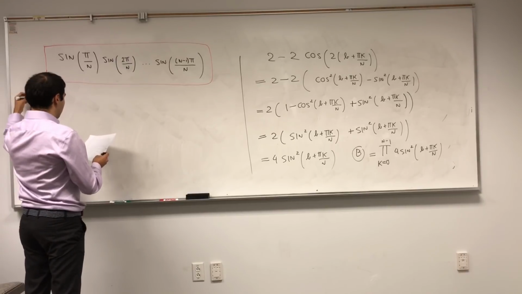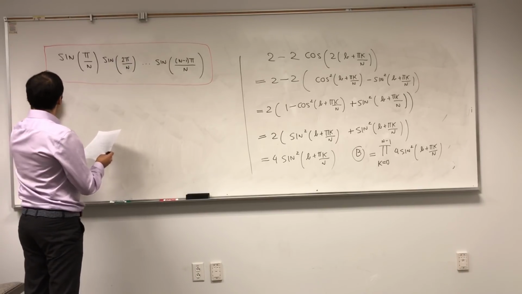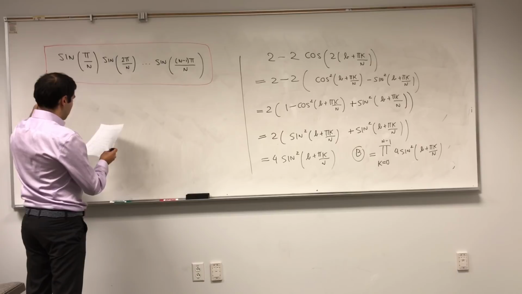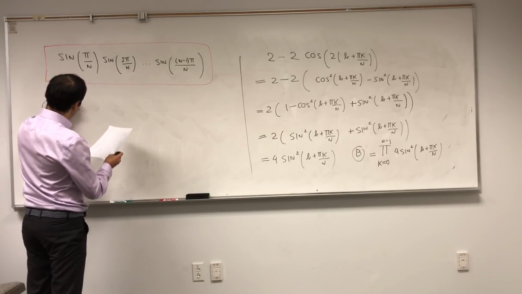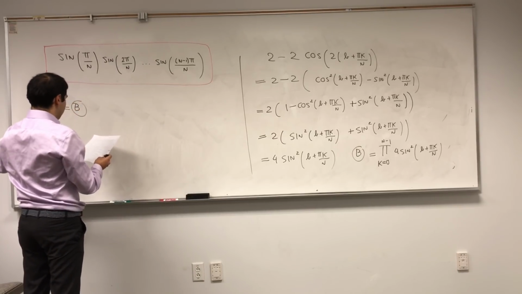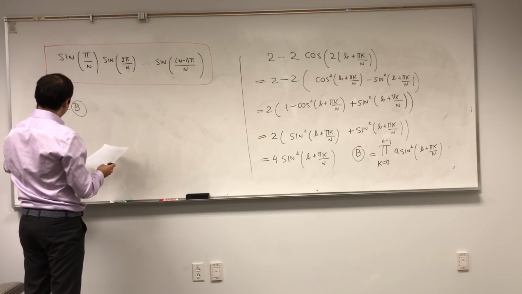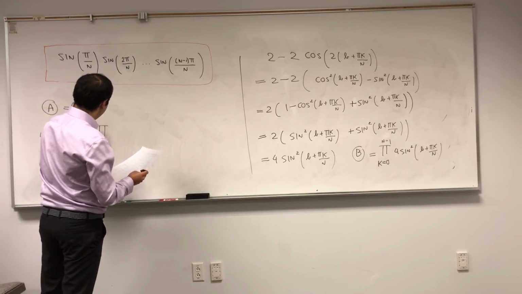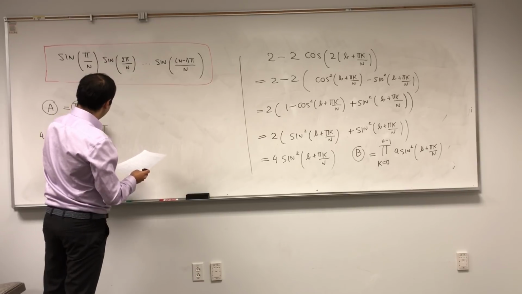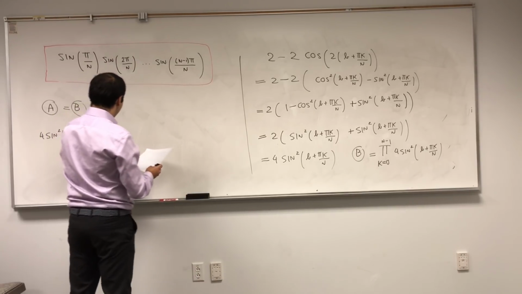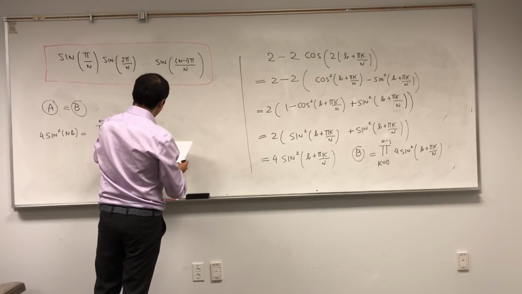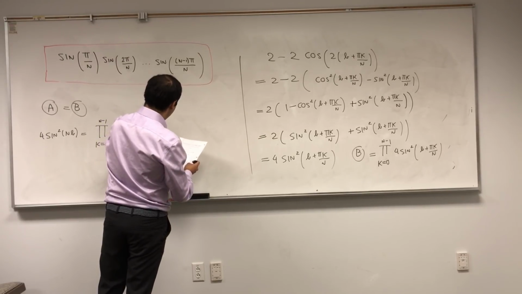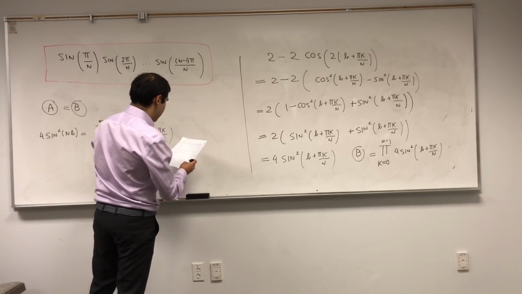Okay. So what we have, A equals B. That means 4 sine squared of nb equals the product, k from 0 to n minus 1, of 4 sine squared of b plus pi k over n.